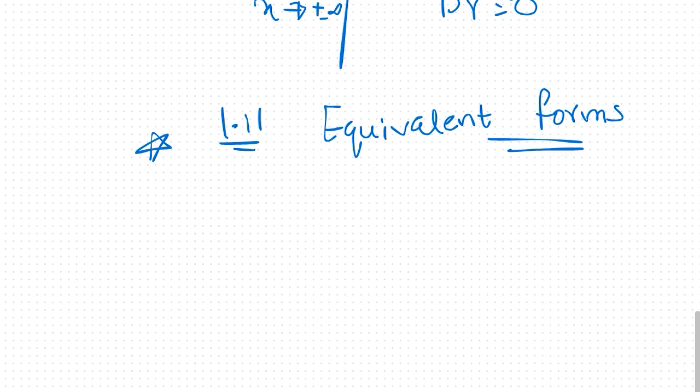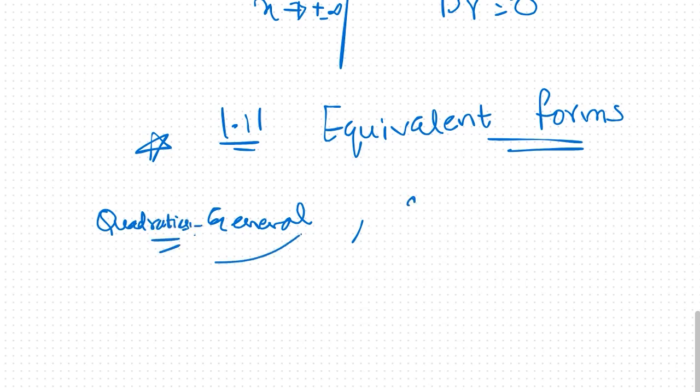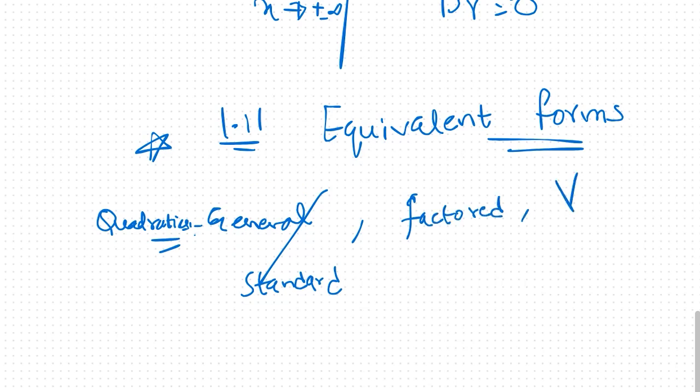Equivalent forms means, generally in quadratics, you might have heard there are 3 forms. One is general, or standard, it is the same word. Second one is factored. And the third one is vertex form.